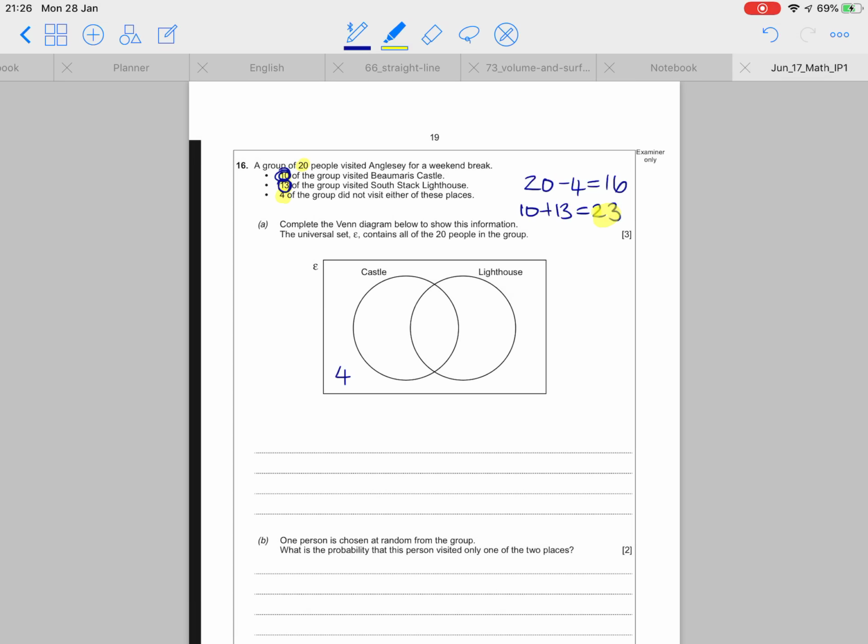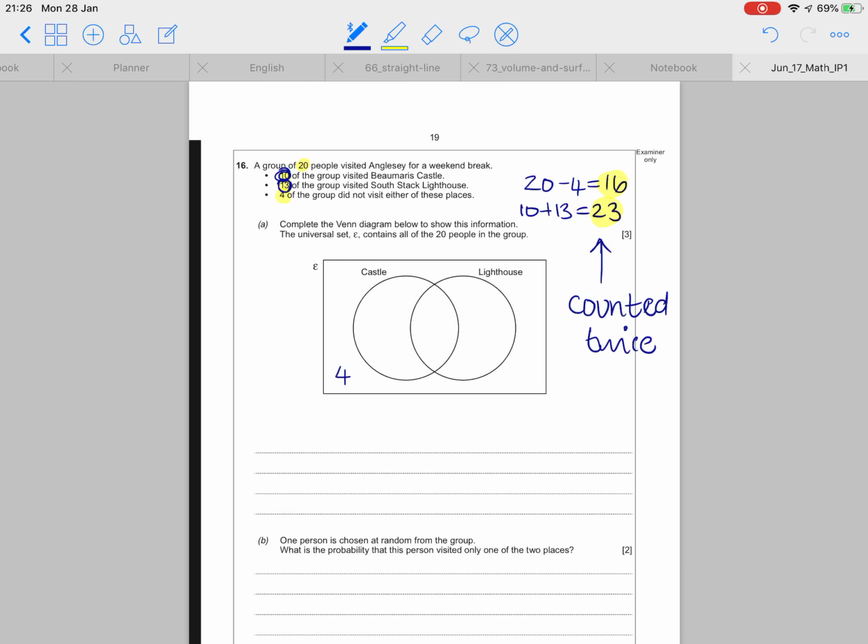So I have 23 people visiting the castle and the lighthouse, but actually only 16 people in the diagram. This comes about because some of the people have been counted twice. So if the person went to both of them, the lighthouse and the castle, they actually ended up being counted in the information twice, but they'll only be in the picture once.